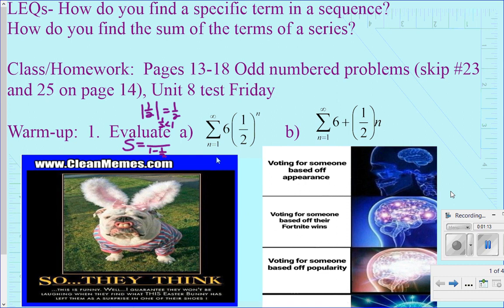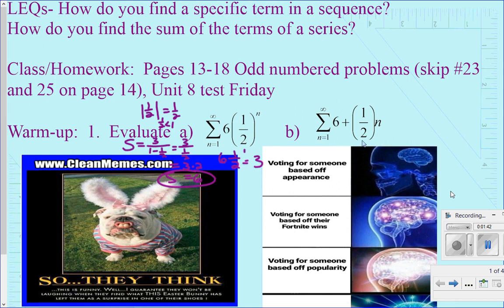Substituting in 1 for n gives us 6 times 1/2 to the first, which means 6 times 1/2, and 6 times 1/2 is 3. So the first term is 3. So it's 3 over 1 minus 1/2, which means it's 3 over 1/2, and 3 over 1/2 is 3 times 2, which is 6. The sum of this series is 6.